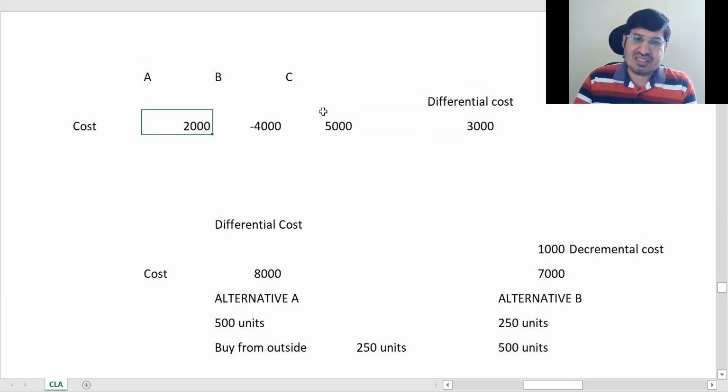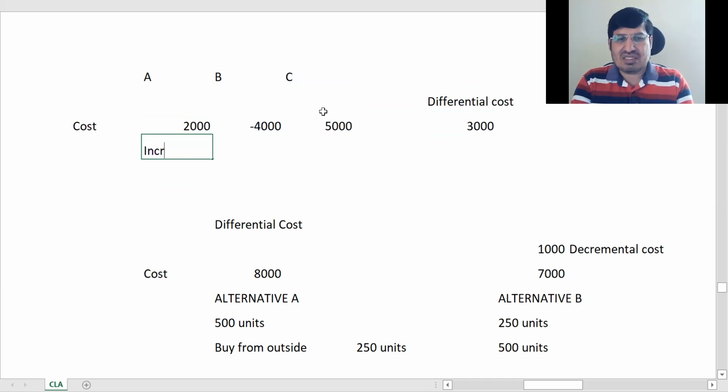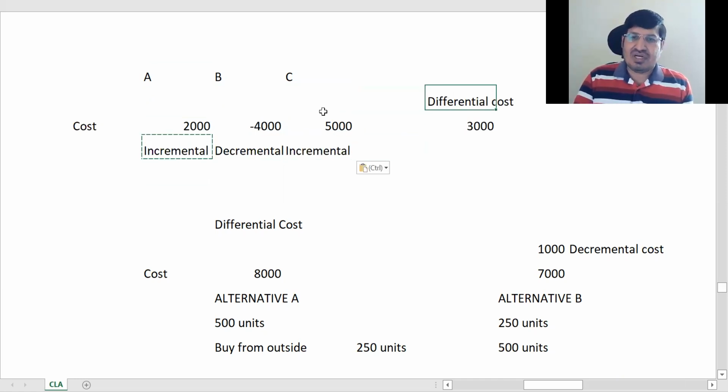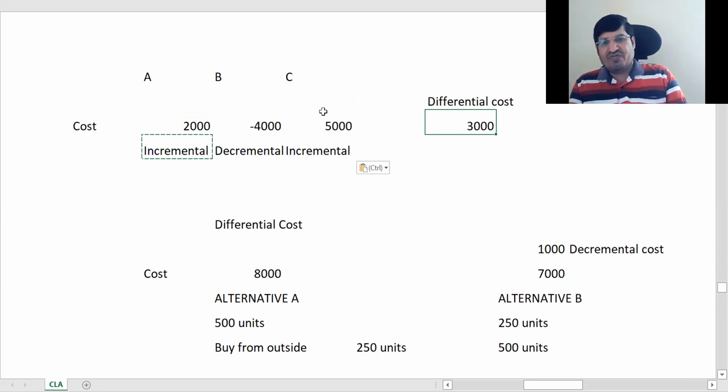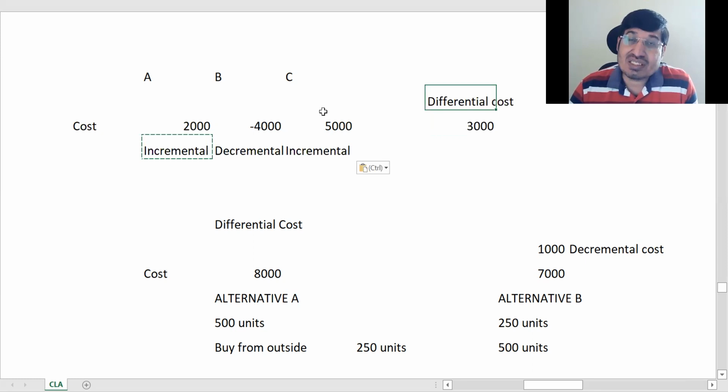Here there is 2000 incremental cost, here there is decremental cost, and in the third case you have incremental cost. You understood? Basically, if the difference increases, you will call it incremental cost. If the difference decreases, you will call it decremental cost. When it is cost, incremental cost is not favorable, because cost is increasing. But when you are comparing revenue, incremental revenue is favorable.